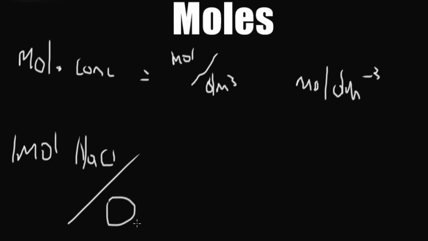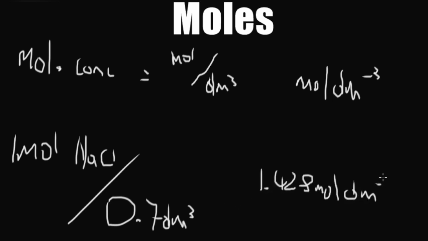Let's say 0.7 dm cube of water. Then simply we just divide 1 by 0.7, and this would give us a molar concentration of 1.428 moles per decimeter cube of solution.